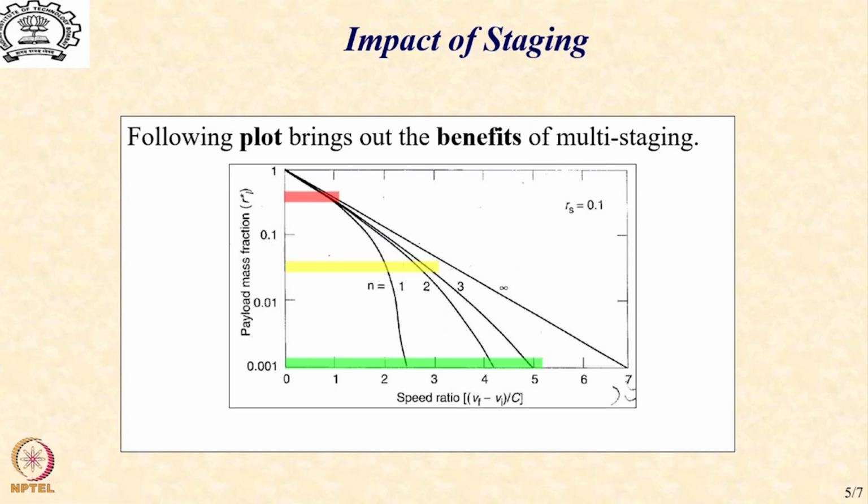Now if I want to have a payload fraction of 7%, so that for a 1000 kg rocket I would like to have a 70 kg payload, I come to n equal to 1 and I find that the velocity I am going to get will be roughly of the order of about 6000 to 6200 meters per second, not sufficient to even establish an orbit. Which means that if I want to establish an orbit for this payload, not possible with a single stage operation.